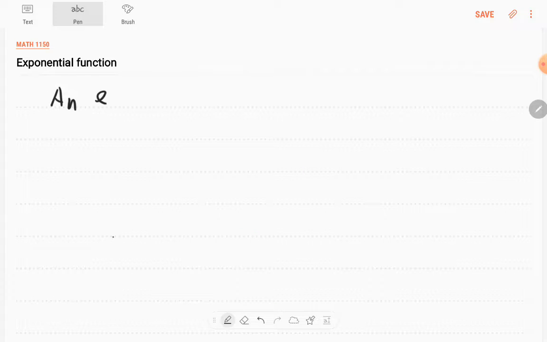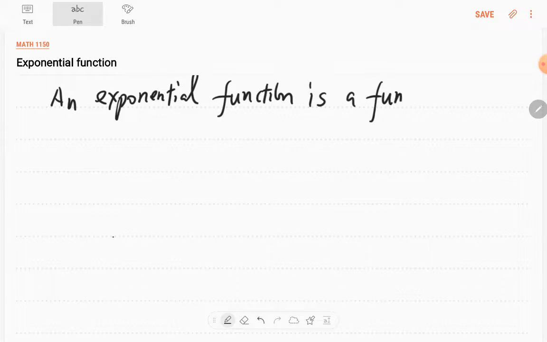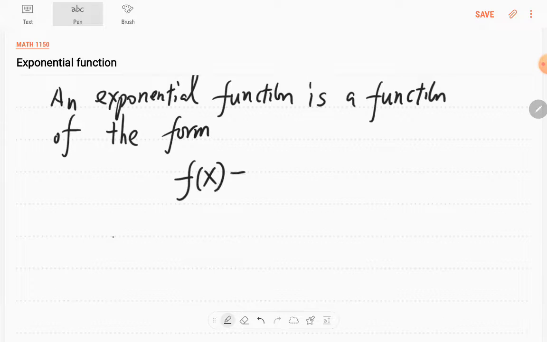An exponential function is a function of the form f of x equals a to the x, so x is in the power, where a is positive real numbers and a is not equal to 1.